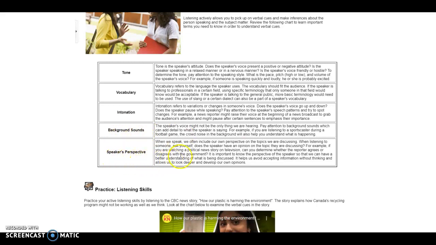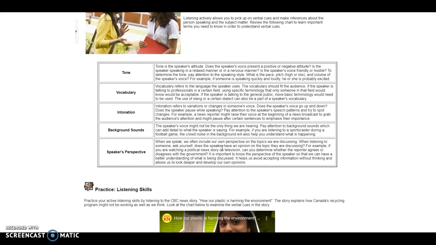And then speaker's perspective. You want to try to determine what is the perspective of the speaker. What is the person who's speaking's opinion? So whatever it is they're talking about, you want to try to not just take it as factual information and just have it go in one ear and out the other. You want to think about it.